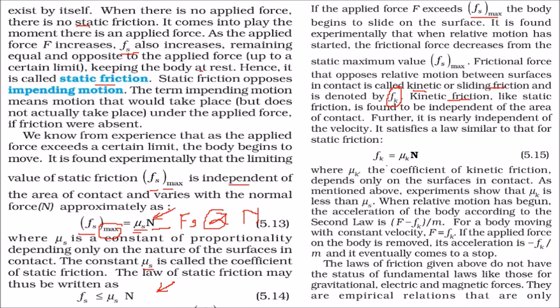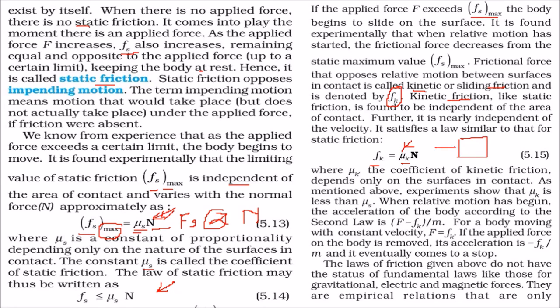Fk is similar to Fs, so it is also directly proportional to the normal force. We have mu k as the proportionality constant, known as the coefficient of kinetic friction.